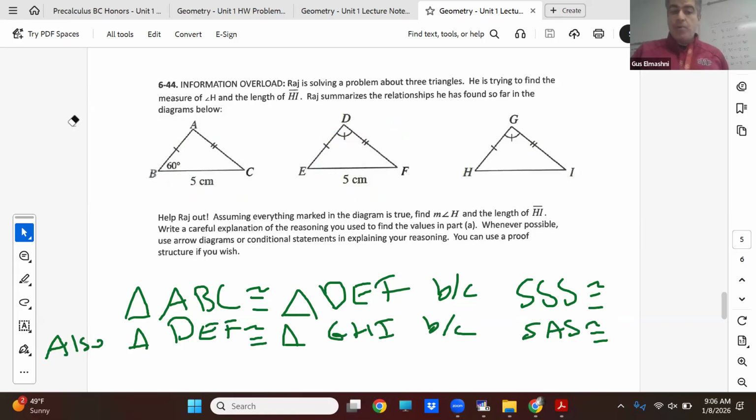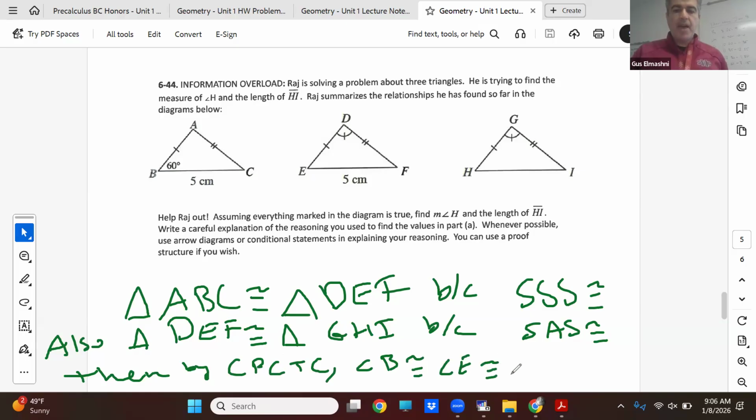So if that's true, then by CPCTC, angle B is congruent to what other angle? Exactly, correct. So these are both 60 degrees. And what sides are the same? BC is the same as what side? EF and HI, love it. Good.